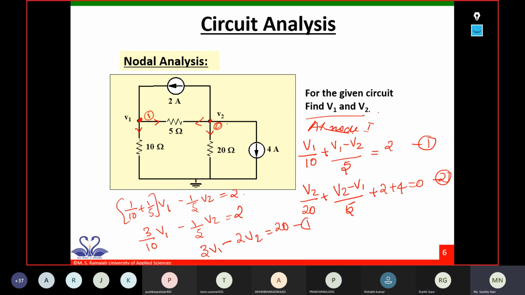So this is equation number 3: 3V1 minus 2V2 equal to 20.